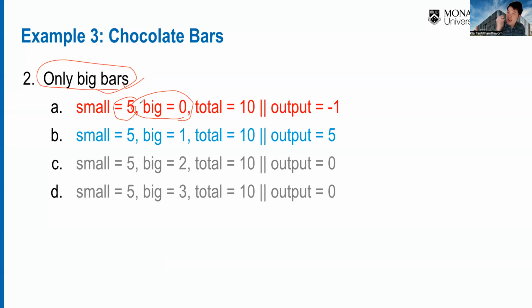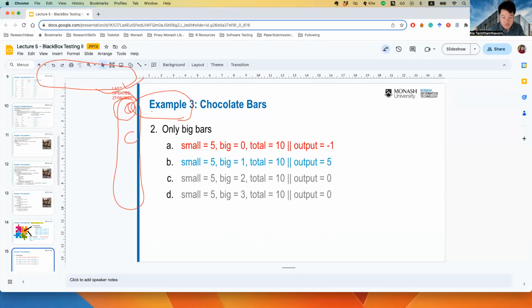We should not use any of the small bars at all. Actually, this one should be 0, I would say. Only big bars, and small bar 0. Let me fix it now, to avoid any confusion.